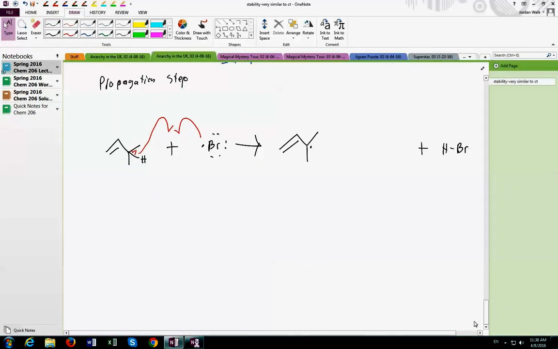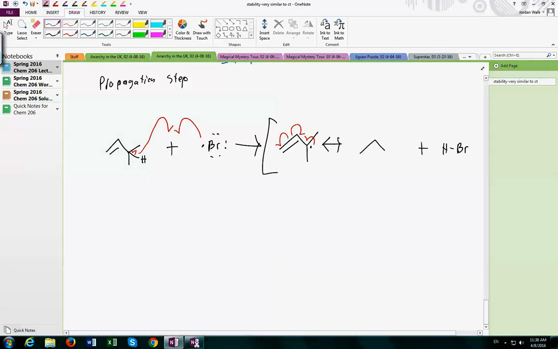All right, so one of the reasons this is such a stable radical is the fact that we can draw a resonance structure for it. And so again, that resonance structure would look something along the lines of this. And so we have both a tertiary and a primary radical. Now, of these two resonance structures, which do you think contributes more, the one on the left or the one on the right?